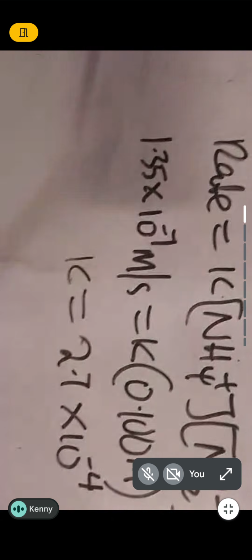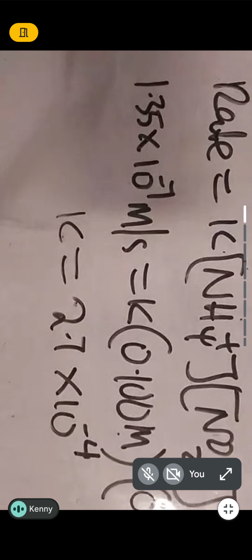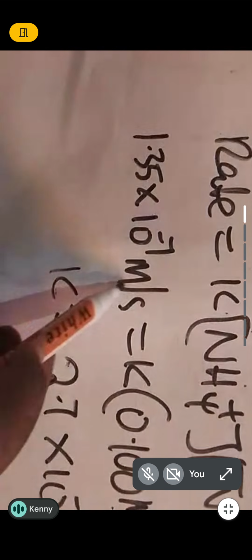So we are dividing now. Here M times M, we have M squared. Then we are dividing into that. So we have molar, you can see here it is molar per second, then divide by M squared.